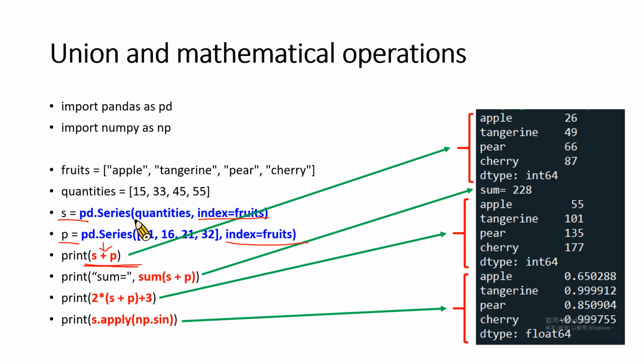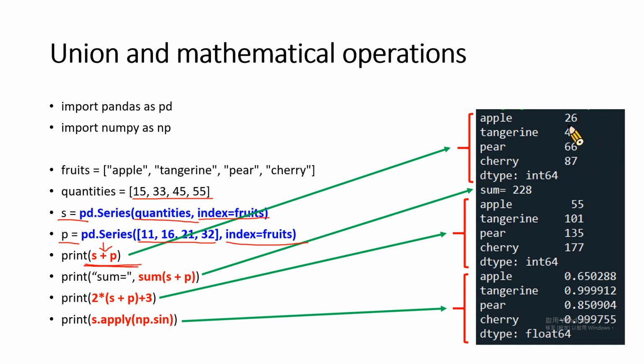Because the values for S are the quantity, and the values for P are the list, if we add them together, then the values will be added.